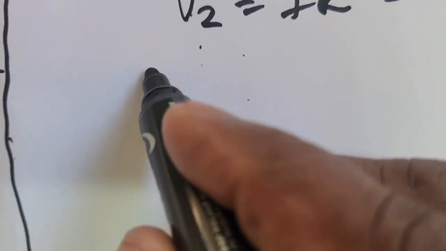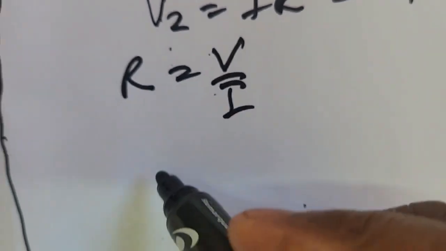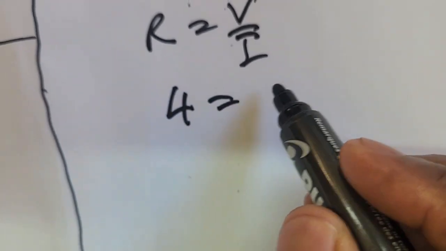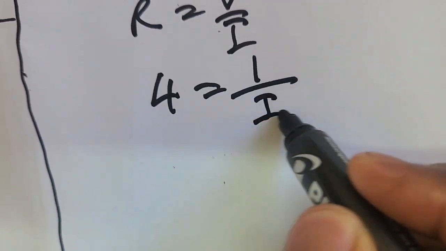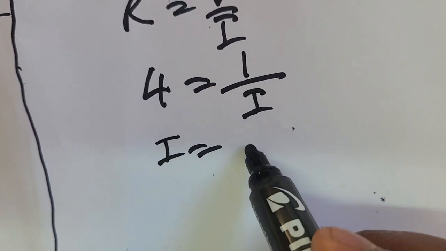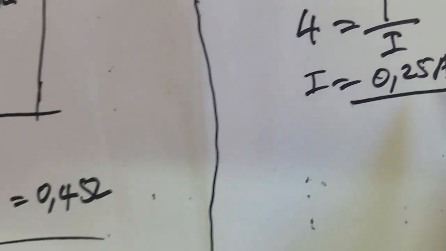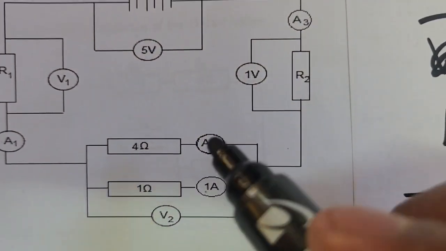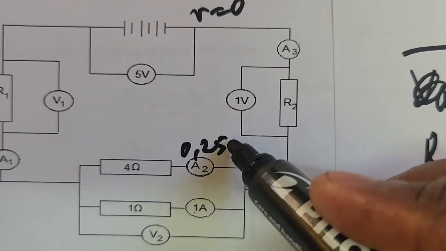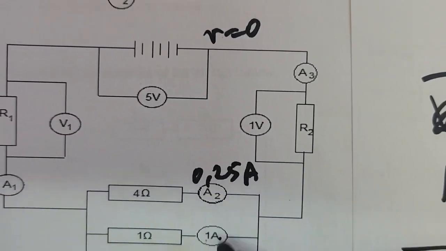Yes. Therefore, R equals V over I. Resistance is 4, and the voltage is 1, divided by I. Therefore, I will be 1 over 4, which is 0.25 amperes. Now, if this one is 0.25, we know the total current will be the sum of these two.